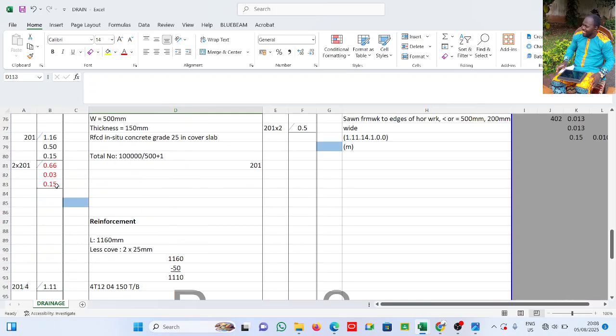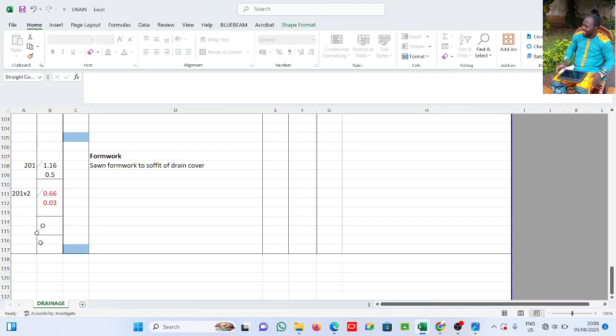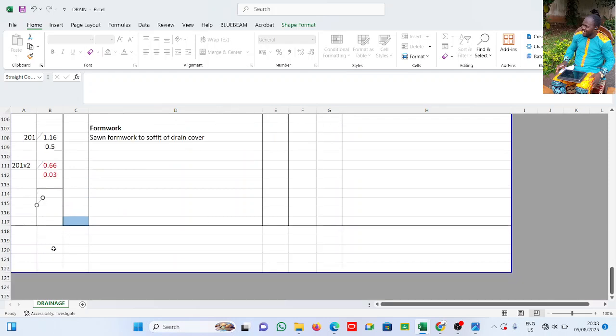I'm right? 0.66 by 0.03, which is 30 mm. All right. Yes, this is okay. All right. So that is basically what we have.